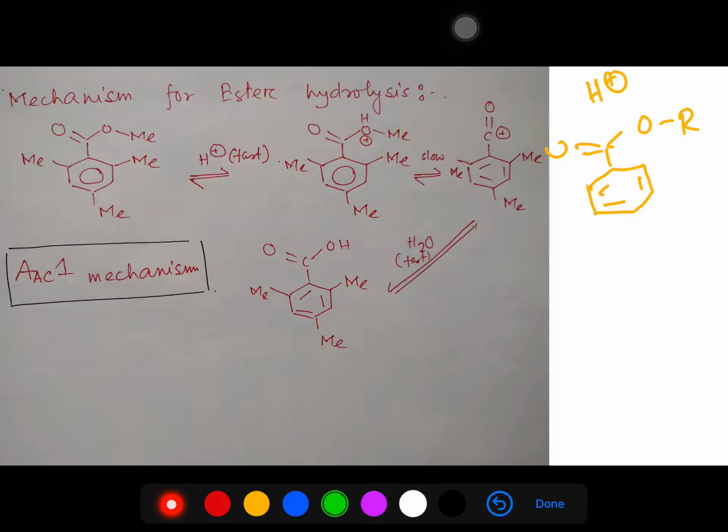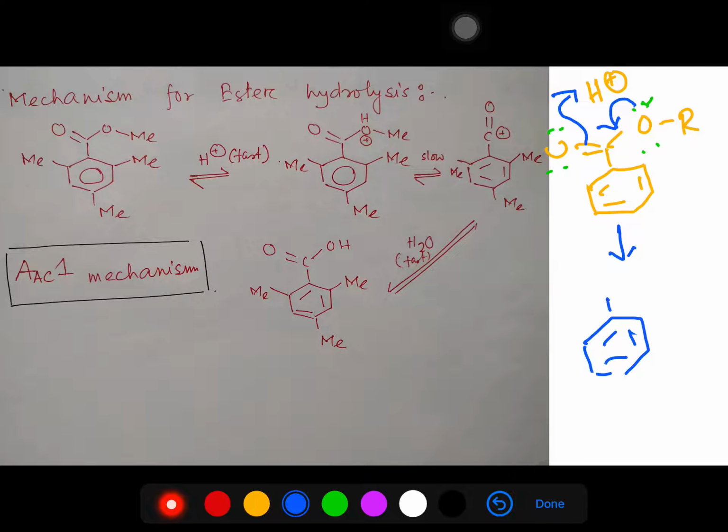We know that this oxygen is more electron rich compared to this one, because this lone pair is in conjugation like this. Consequently protonation is expected to occur on this oxygen.